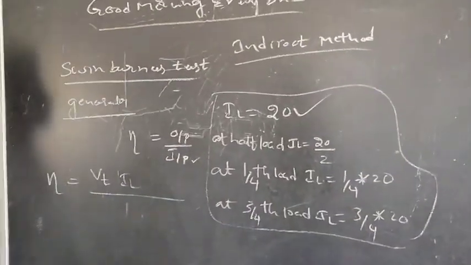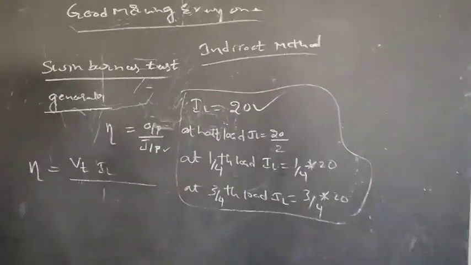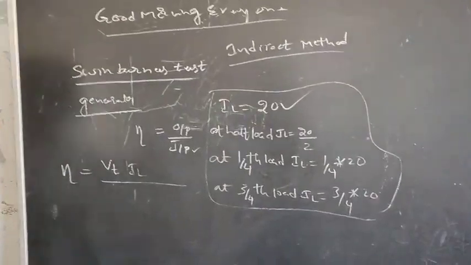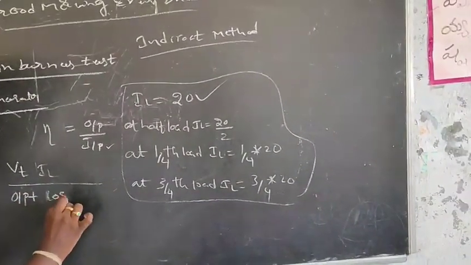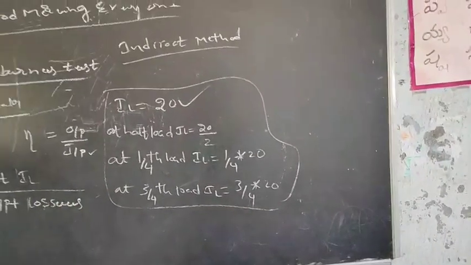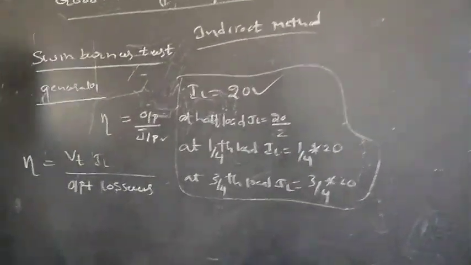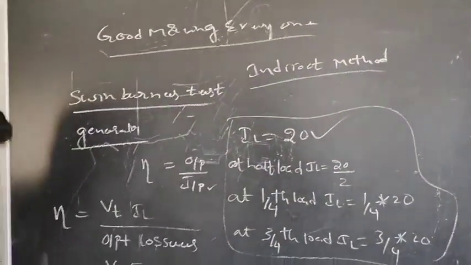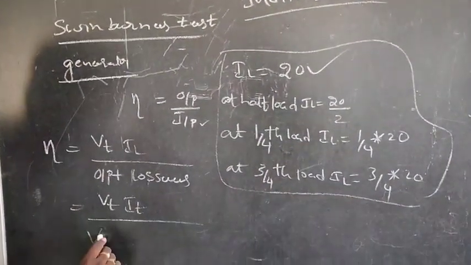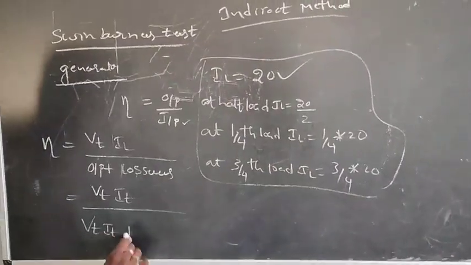Input is mechanical energy. That mechanical energy we cannot express as electrical, so we can also say input is output plus losses. So efficiency equals VT IT divided by VT IT plus losses.